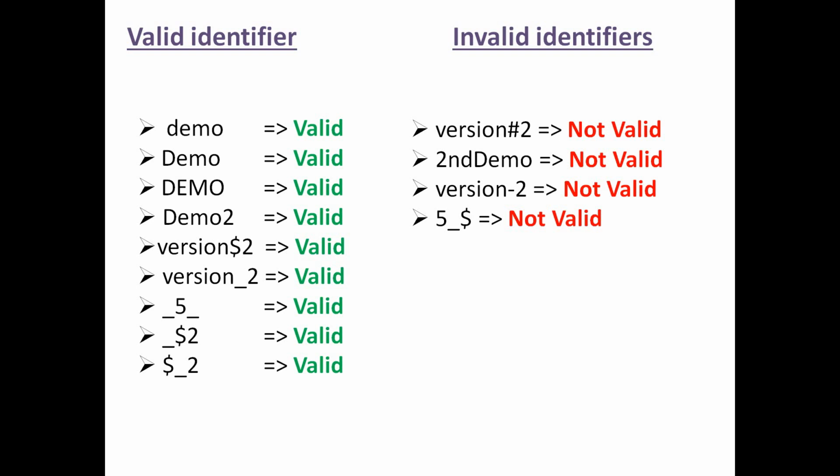You can see that it starts with a number, so it is invalid. And here version-2, hyphen is also a special symbol, right? So this is also not allowed. And 5_$ is also not right, because we have to start an identifier with underscore, dollar symbol, or an alphabet, and we should not start with a numeric. So this is our valid and invalid identifiers.